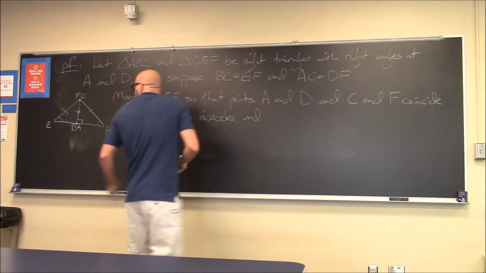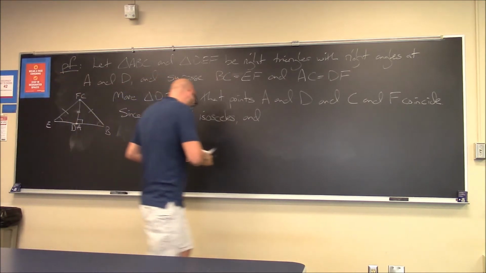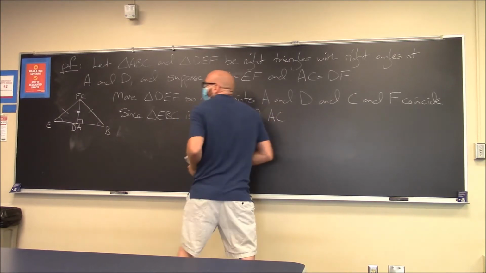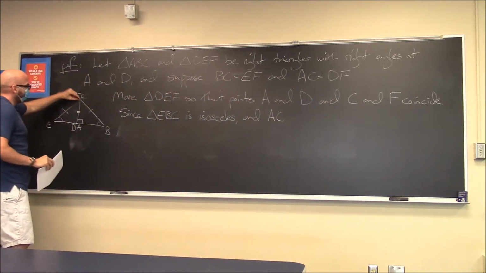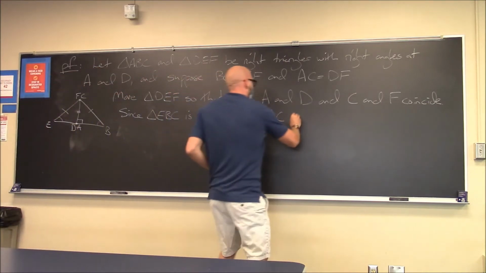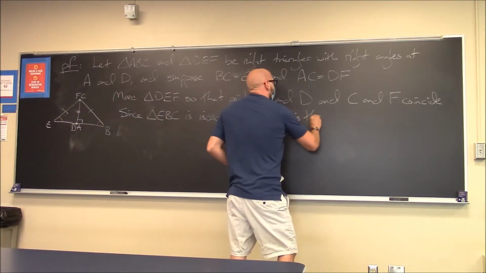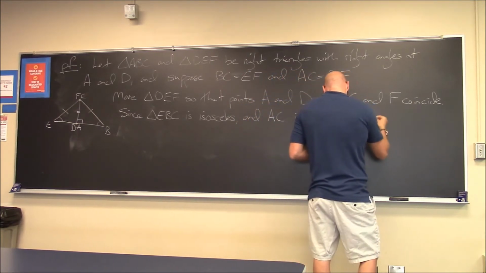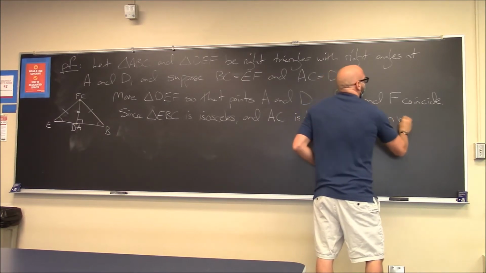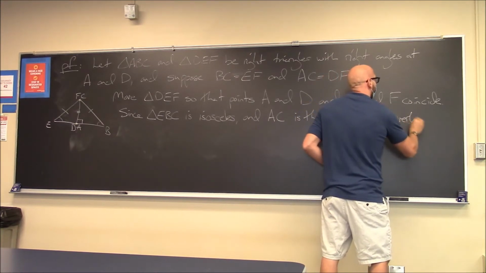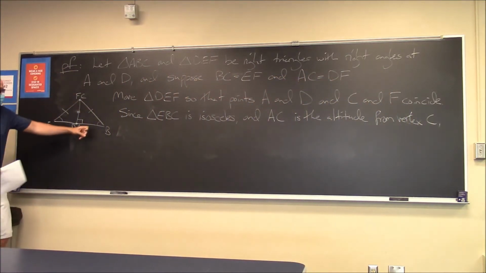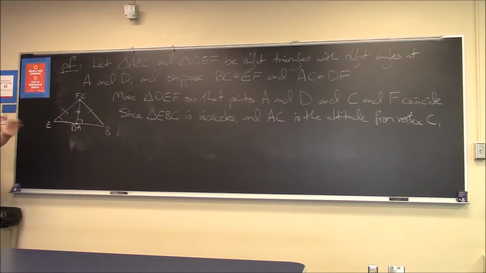in fact, I'm not going to invoke the fact that those base angles are the same. What I'm going to do is invoke this, and this side AC is the altitude from vertex C. So it's absolutely true that these two base angles are equal to each other, but I think the fastest way to wrap up this proof is actually going this other route.